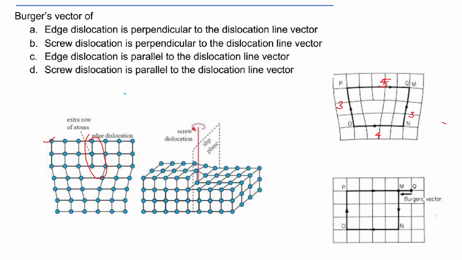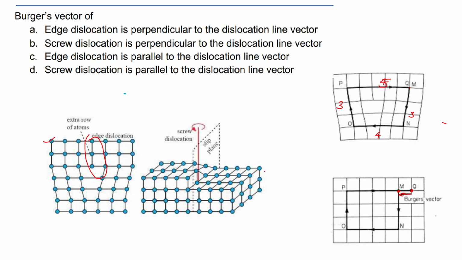Now see, if it is a normal crystal, what will happen if you go the same way? This all will be fine: 3 here, 4 here, 3 here. But if you do 5, it will go out of this. So for the Burgers vector you have to calculate from the end to where we started. So this will be the Burgers vector direction.